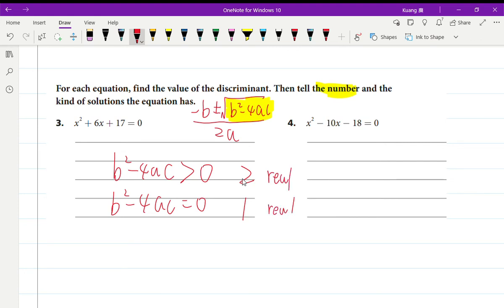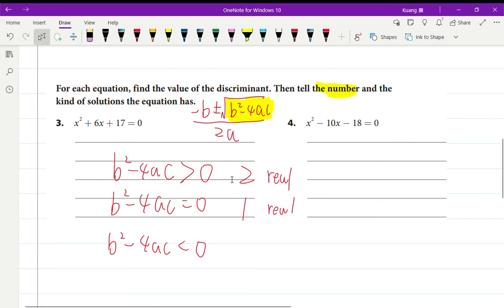And if it's less than 0, then it has no real solution. Two imaginary solutions. Before we said no solution, but now we know i, so we have two imaginary solutions.